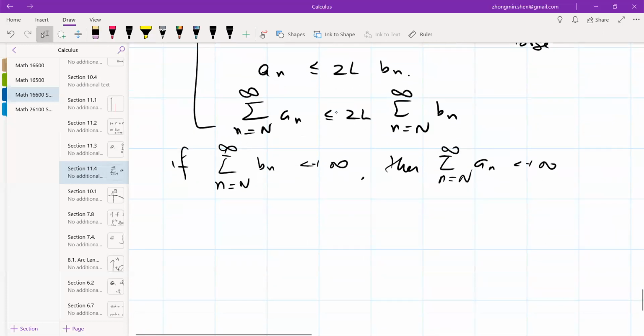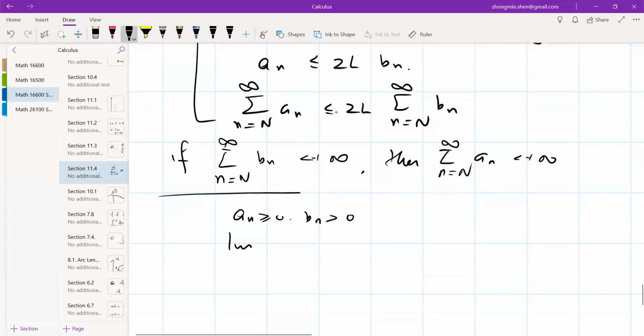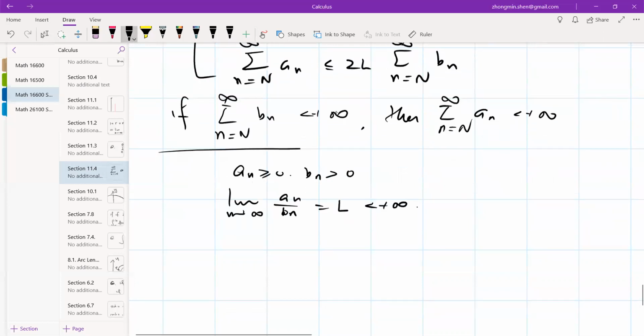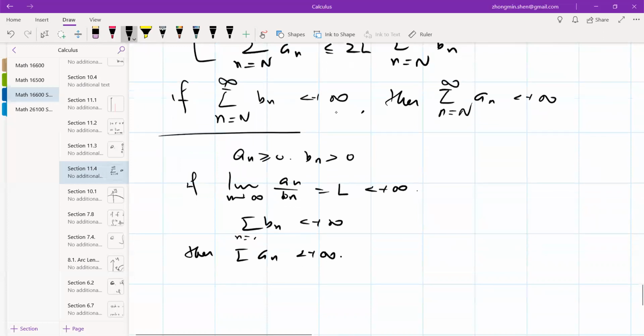Let me restate the theorem. a_n greater than or equal to 0, b_n greater than 0, and the limit exists. It could be 0, as long as it's finite. If the sum of b_n is finite, then the sum of a_n is finite, with n starting from some capital N to infinity.